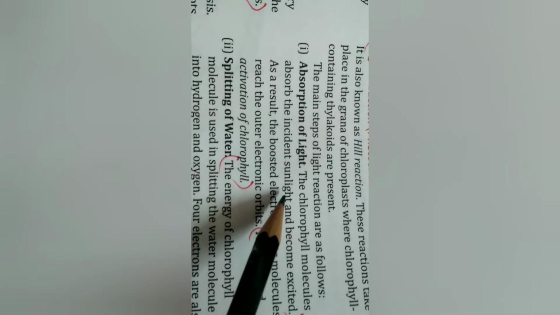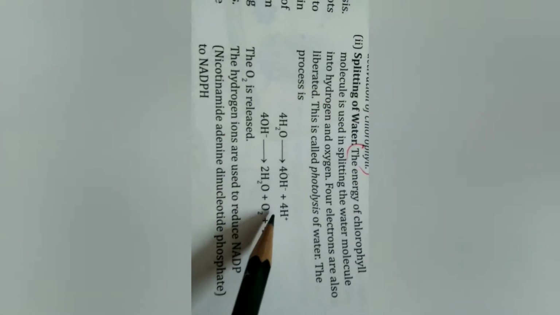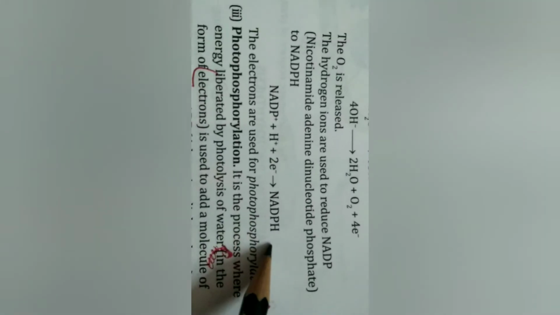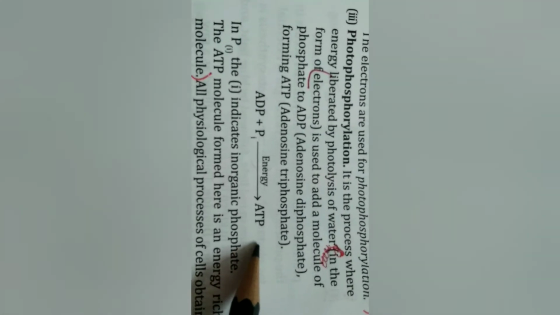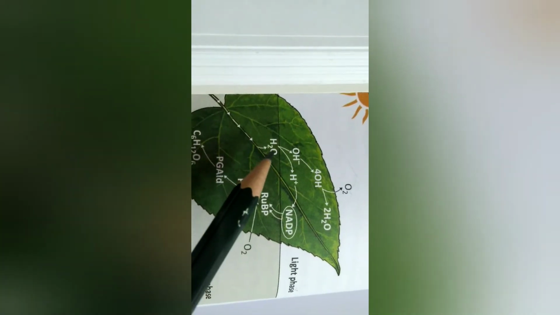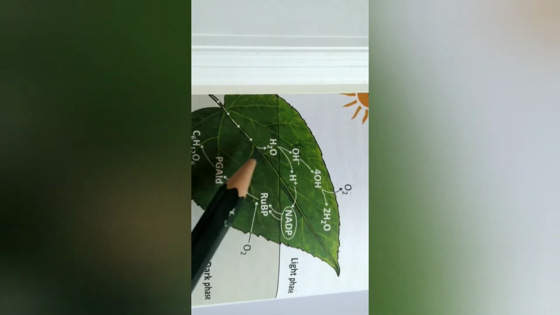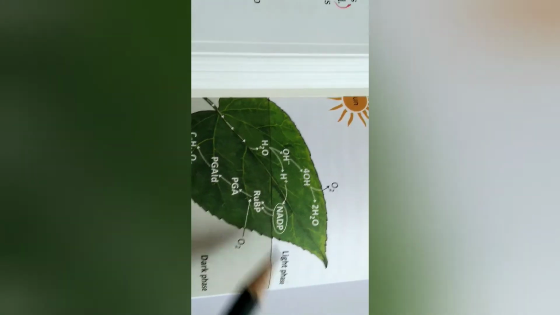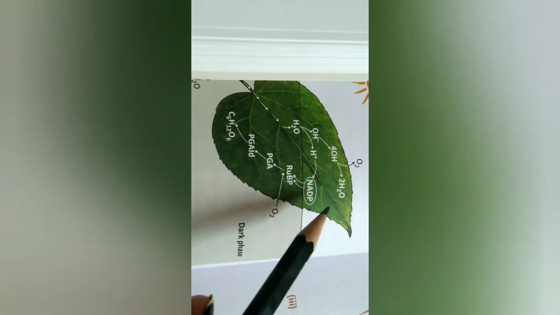So first is absorption of light, then splitting up of water, then the NADPH molecule is formed, then photophosphorylation, and ATP is forming. So in the light reaction you can see over here water lysis, meaning hydrolysis of water, they have shown you over here.